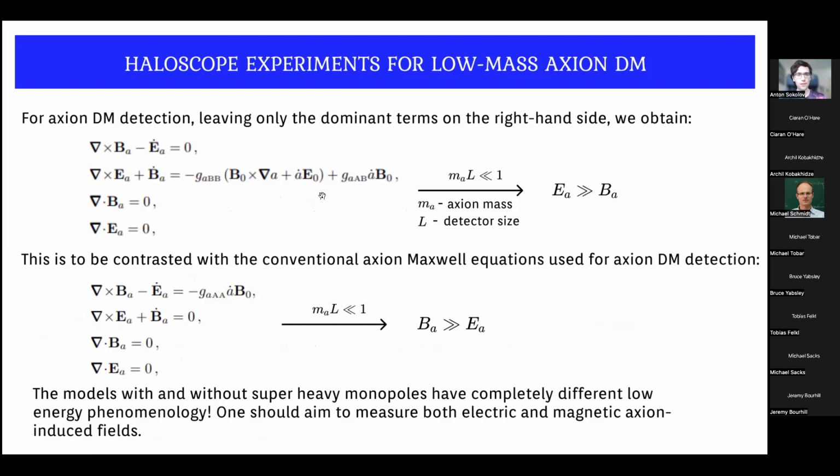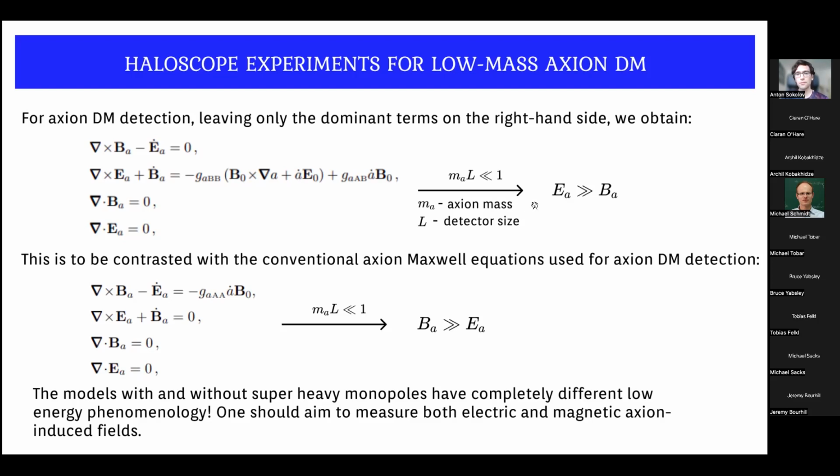In this case, considering the equations, you can see that instead of having a dominance of the axion-induced magnetic field, we will have the dominant contribution of the axion-induced electric field. Just because we have magnetic current instead of the electric current from axions.